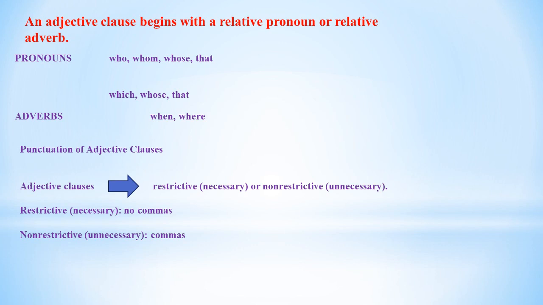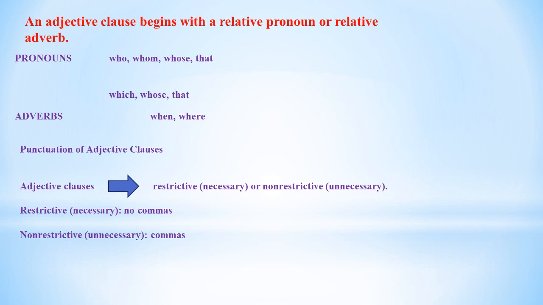Non-restrictive, unnecessary, commas. Professor Jones, who teaches my biology class, won a Nobel Prize 2 years ago. The person who won a Nobel Prize is identified by his name, so the clause who teaches my biology class is extra, unnecessary information about Professor Jones. If it were omitted, we would still know which person won the Nobel Prize.